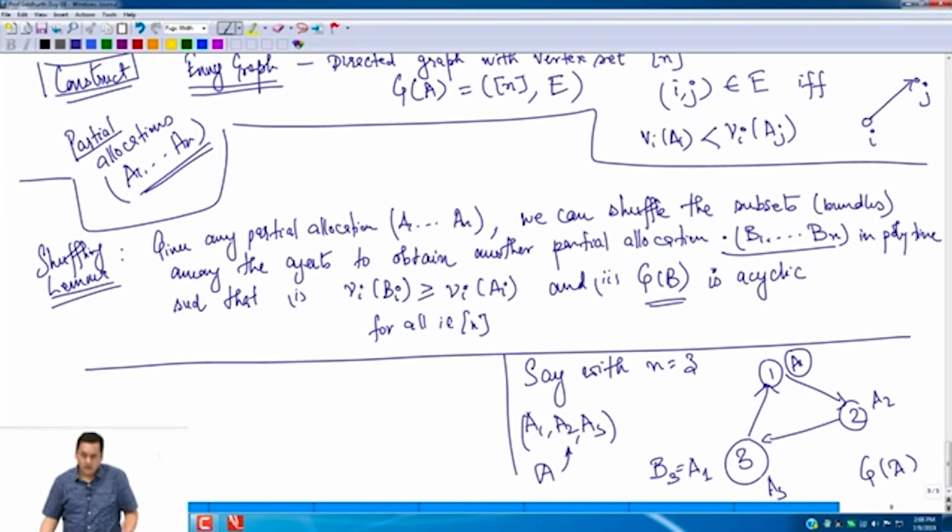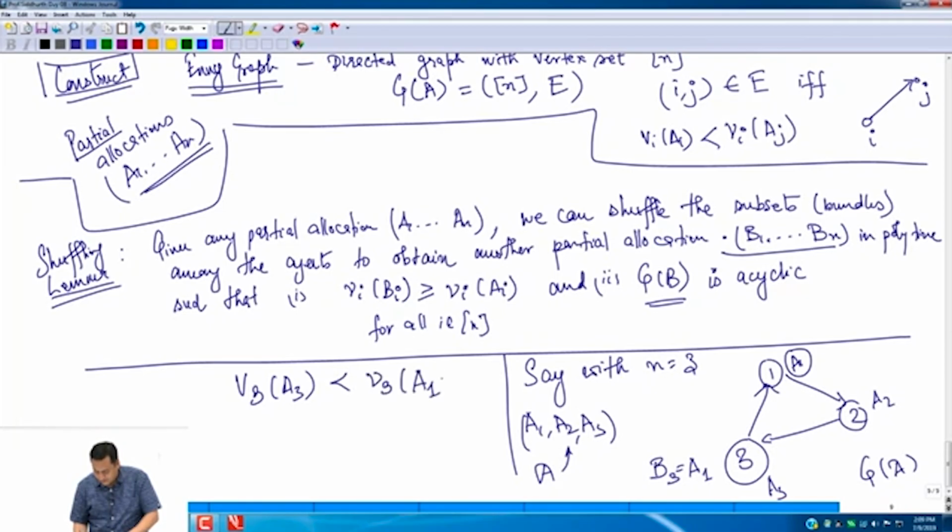Agent 3 is actually happier, right? So this NV edge, what did it mean? It meant that when V3 was looking at A3, this was less than V3 for A1. This is the condition that forced you to put this directed edge right here, and so on and so forth.